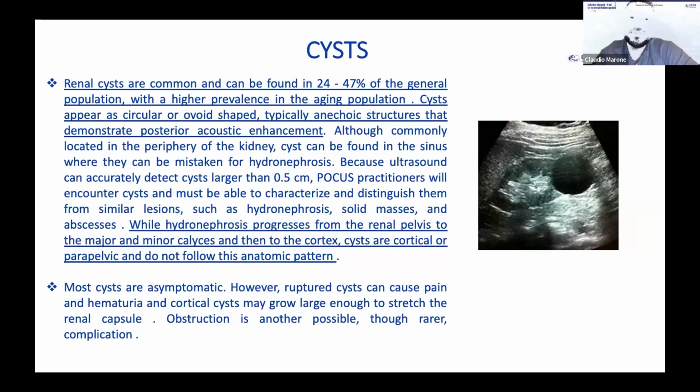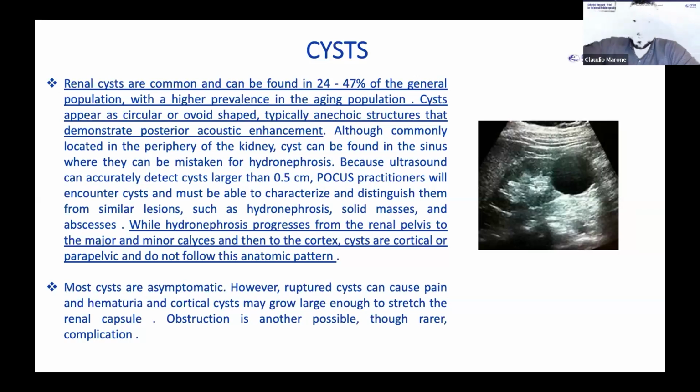Sometimes, especially in the beginning, it's hard to distinguish them from hydronephrosis. But while hydronephrosis progresses from the renal pelvis to the major and minor calyces and then to the cortex, cysts are cortical or parapelvic.